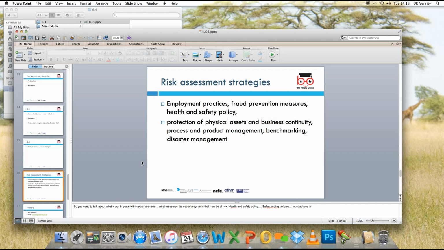So within this, you need to talk about what is put in place within your business in terms of risk management, the strategies, what do they look like? So like your policies again, what measures, the security systems. If you're trying to keep something confidential, how are you actually doing that? What is put in place?